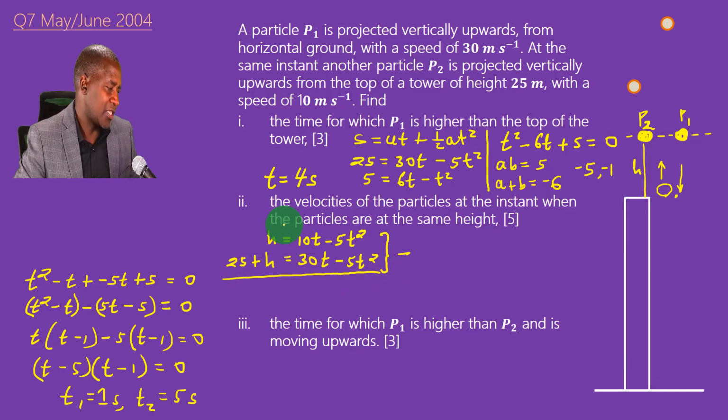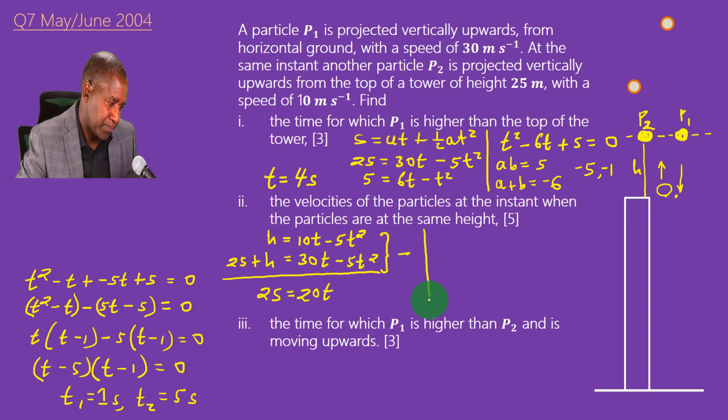So let me subtract upwards. 25 plus h minus h, I am going to get 25. 30t minus 10t, I'm going to get 20t. Of course, this one minus that, it just cancels out.